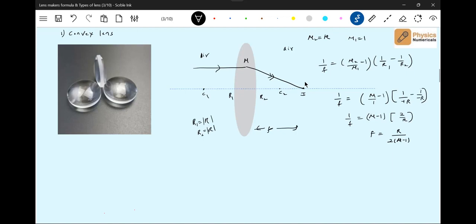This we call an equiconvex lens. Convex lens only, we have called it equiconvex.